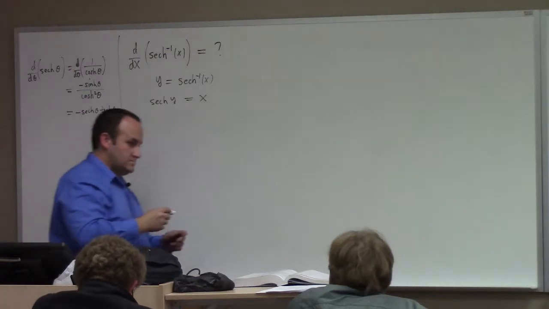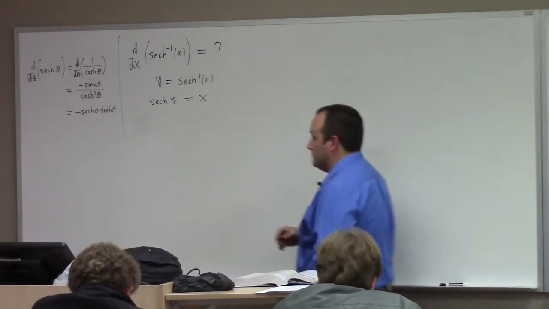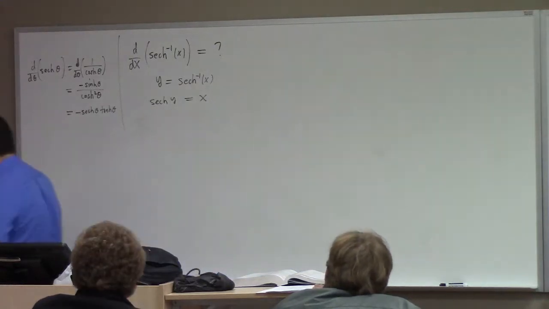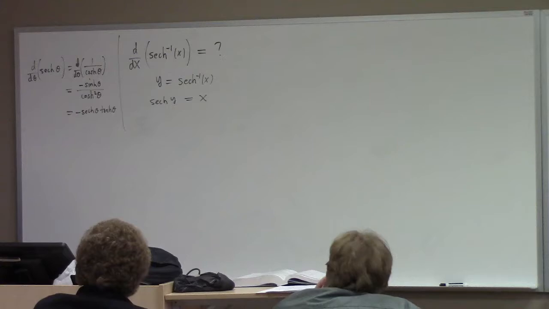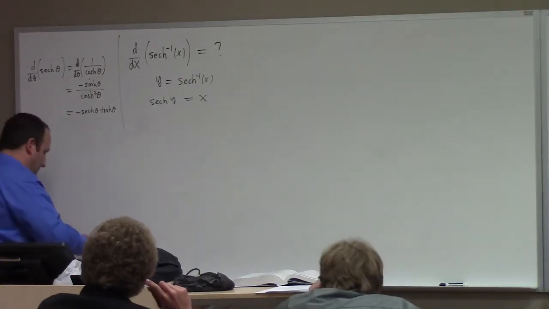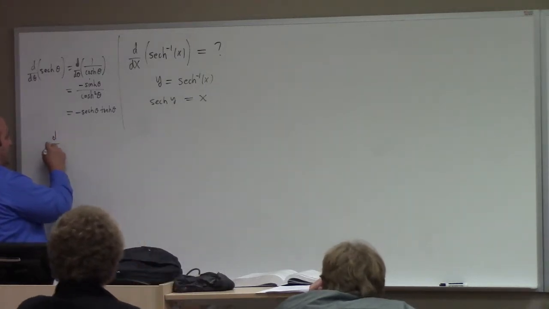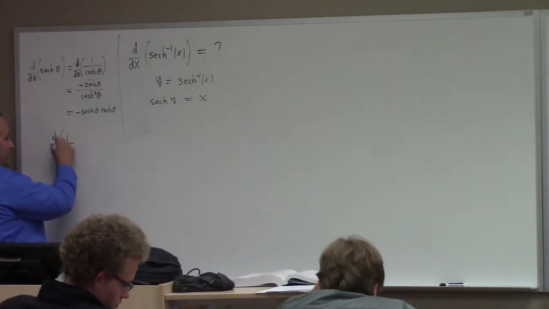Wait, what? How'd you get to the cosh? Yes, can anyone explain that to him? What'd I do? What is that step? So we're looking at the derivative with respect to theta of 1 over u, right?